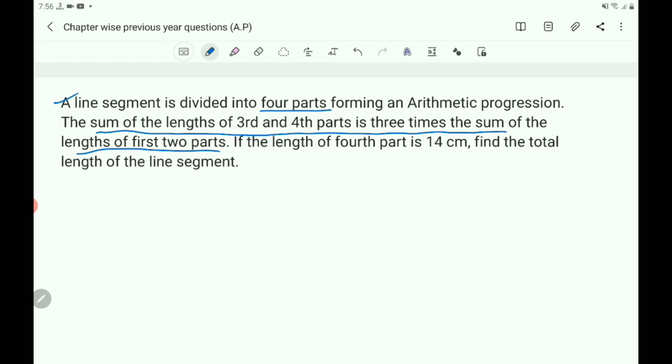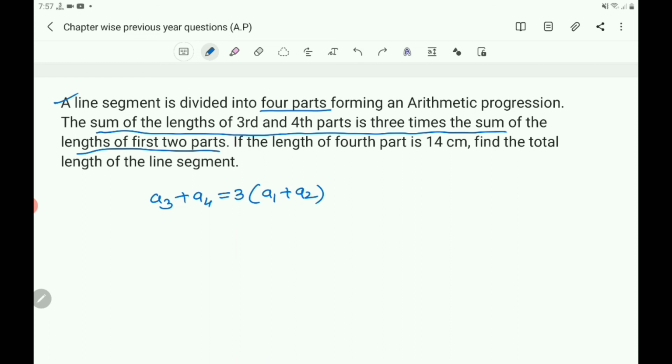So it is said, sum of A3 and A4 is 3 times the sum of the length of first 2 parts. First 2 parts means A1 plus A2.